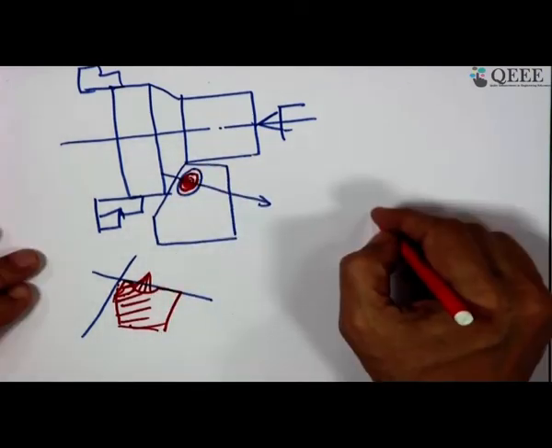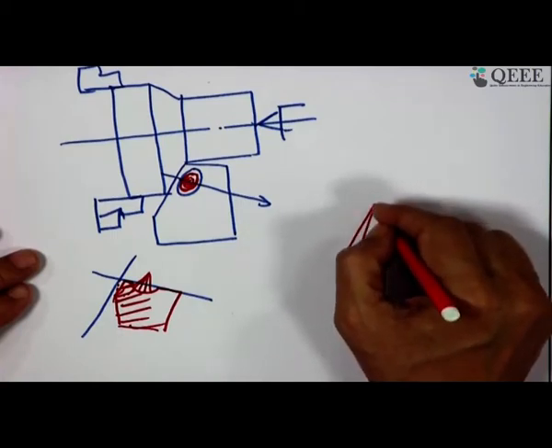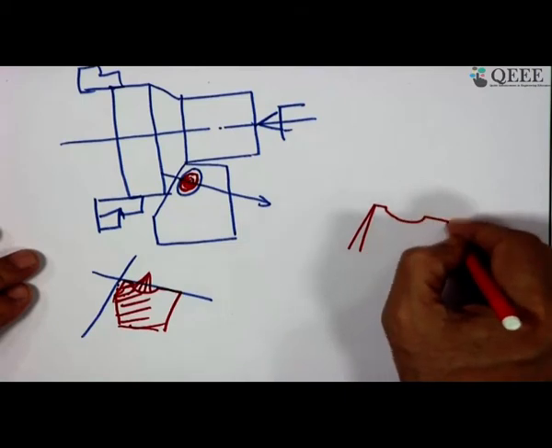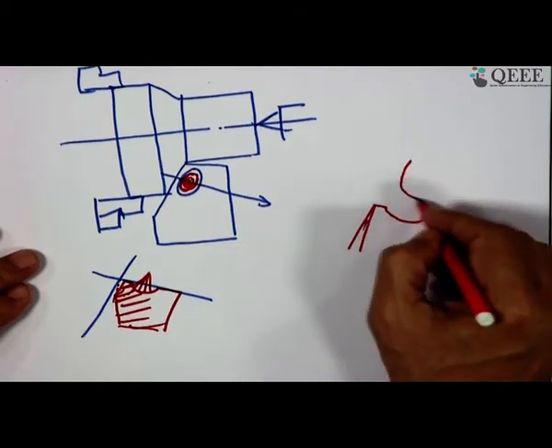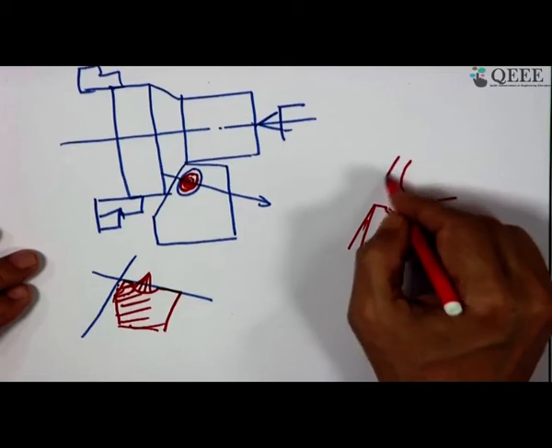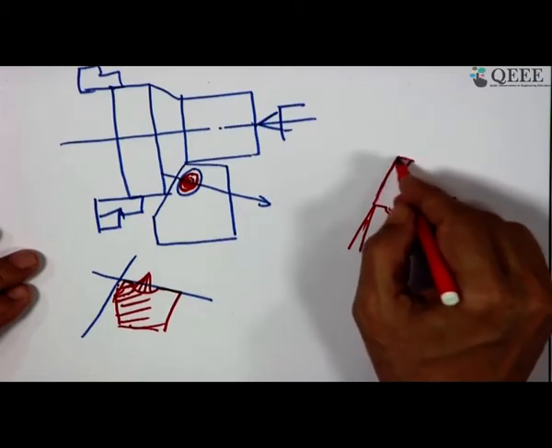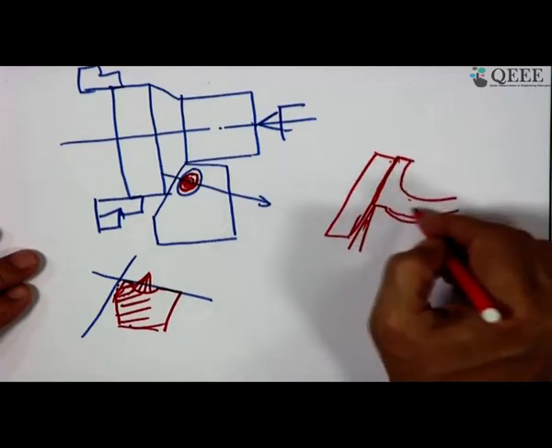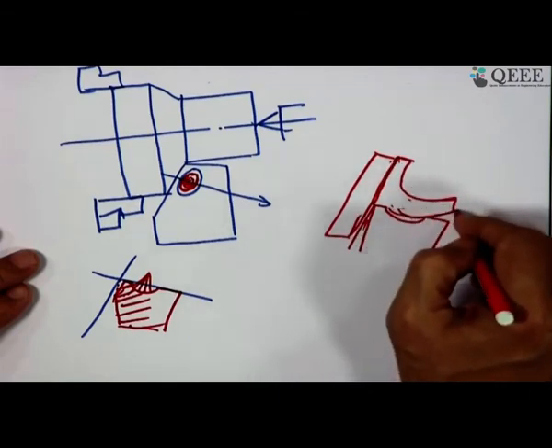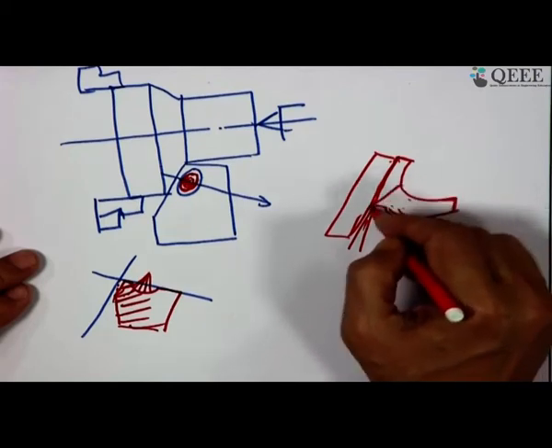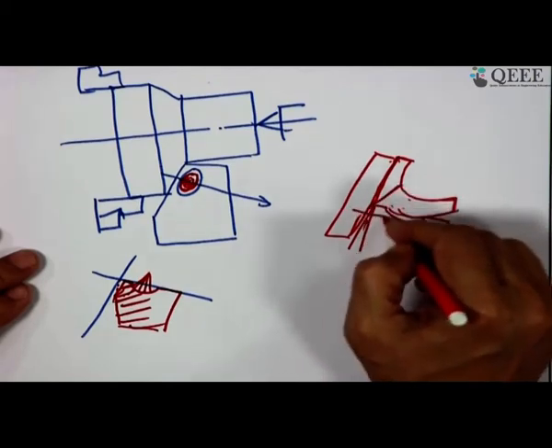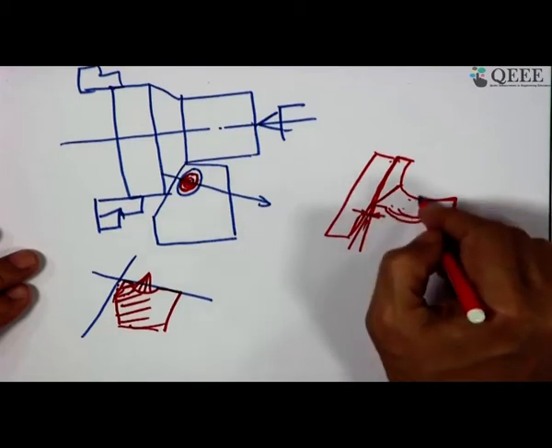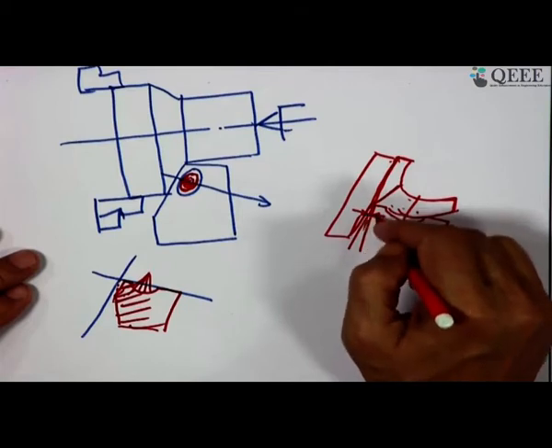So maybe this is one tool and this is the crater, and here this is your chip which is flowing. Here the contact is flexible because it is like a cantilever, you have a fixed end, but this contact is rigid. Temperature is high, contact is less rigid; temperature is low, contact is rigid.